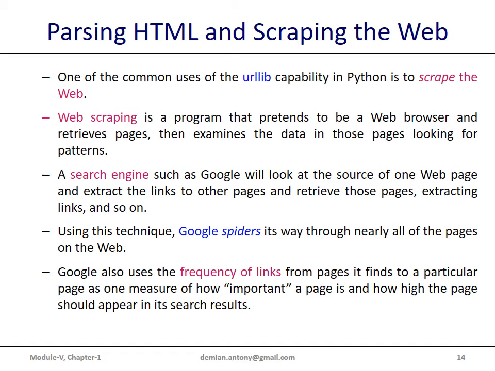Google also uses the frequency of links as a measure to give priority to the discovered web pages. This is a measure of how important a page is, and it depends on the number of links incoming to a web page. If more links are incoming to a page, then that page is more likely to be retrieved, and this concept is used to prioritize the search results.